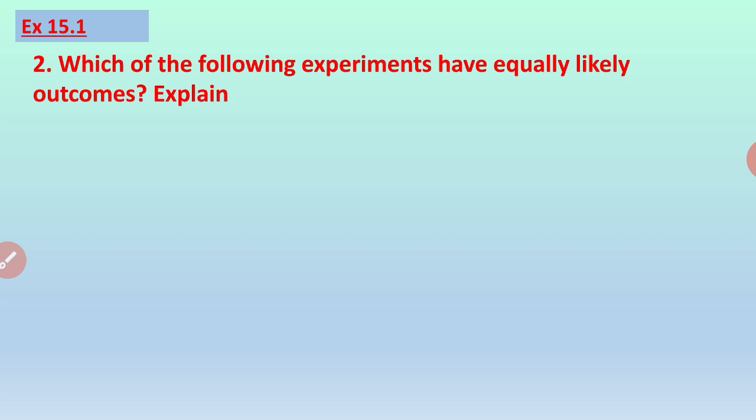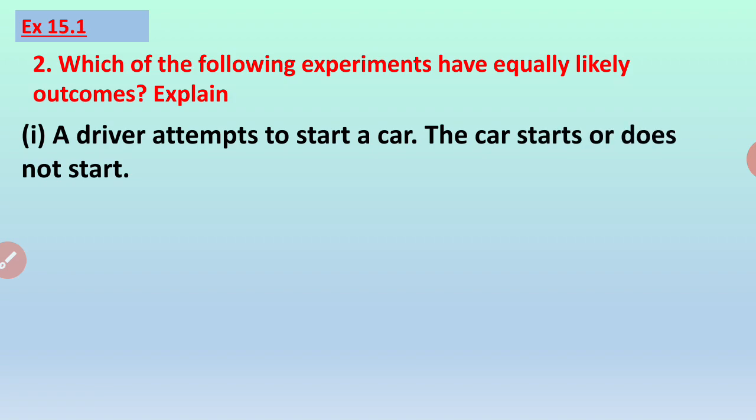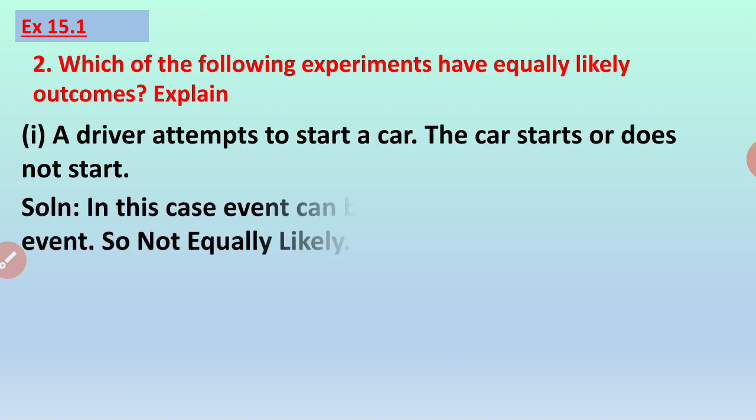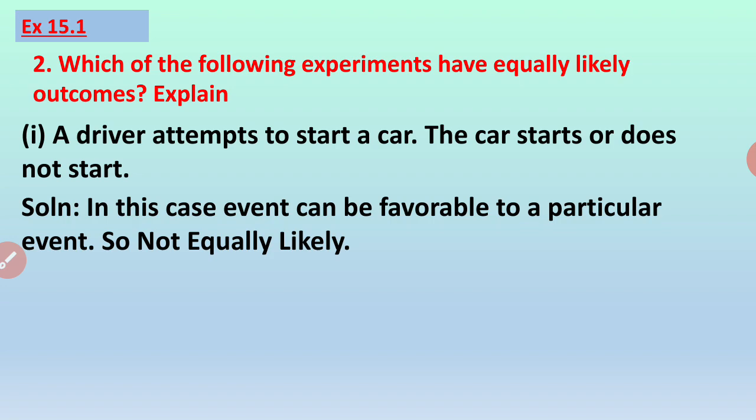Next question is, which of the following experiments have equally likely outcomes? Explain. Now here, a driver attempts to start a car. The car starts or does not start. Here, we are not going to consider it as an equally likely event.